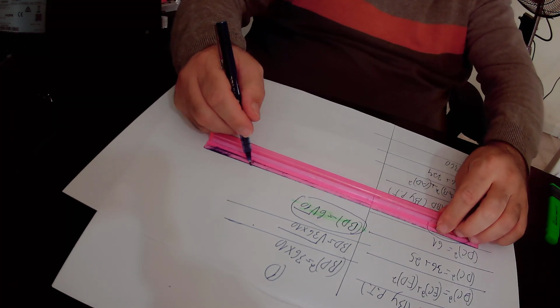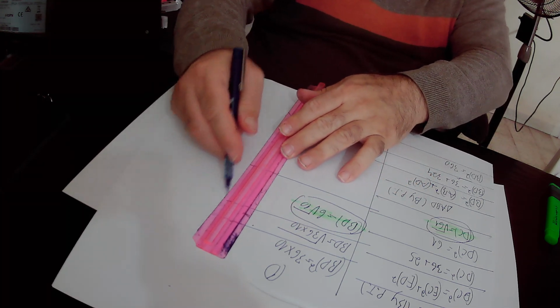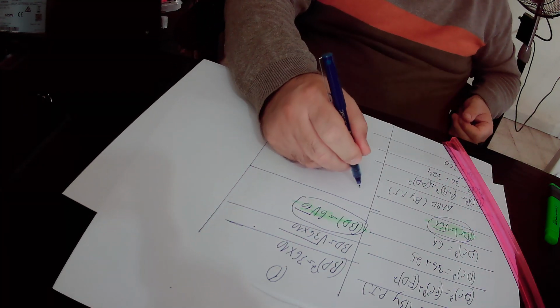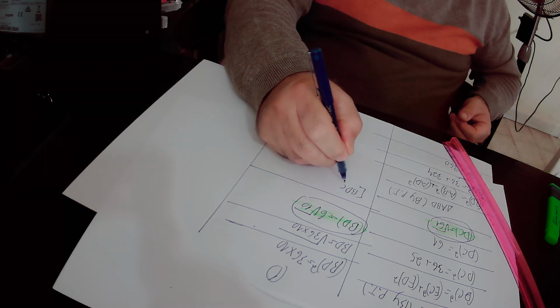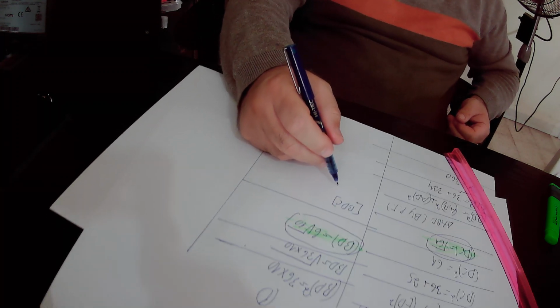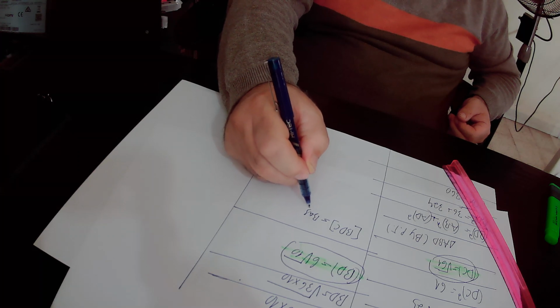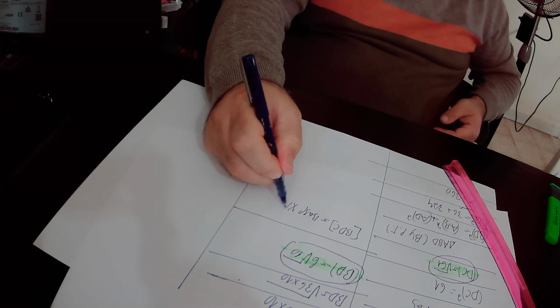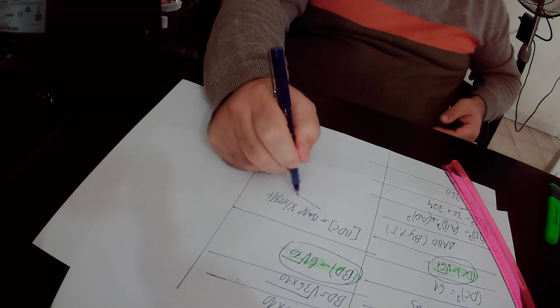The area of any triangle, and especially of the green triangle, triangle BDC, here the squared bracket is the sign for the area. It means the area of triangle BDC. It is equal to the base of the triangle times the height to the base over 2.